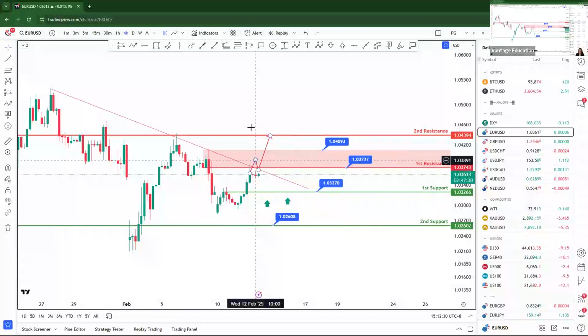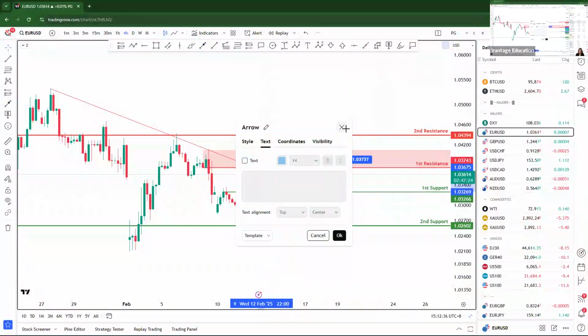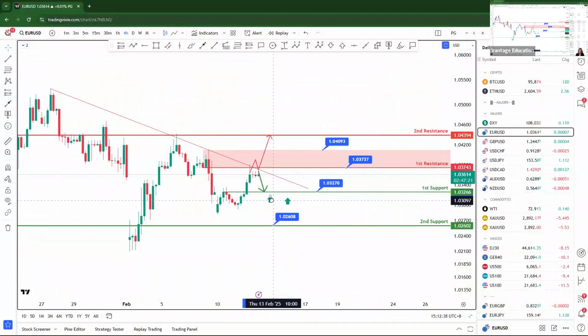Let's say if price rejects or falls from here, this is going to be your buy entry. You're going to buy at the support level, which is this level. You will target the first resistance. If price breaks above, pulls back, and then you buy up.